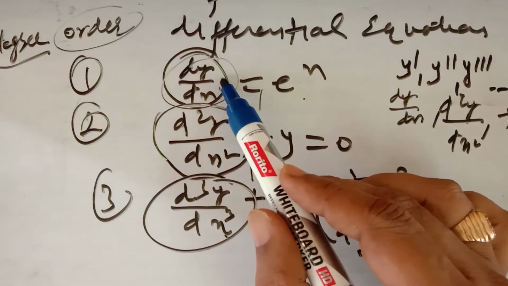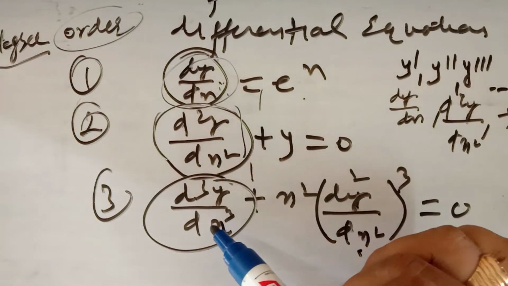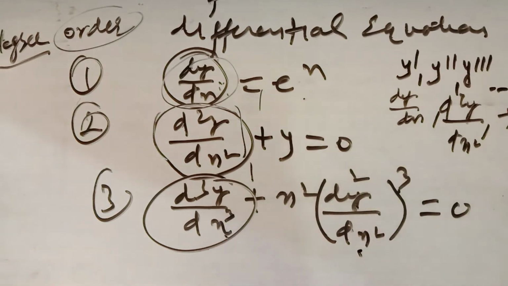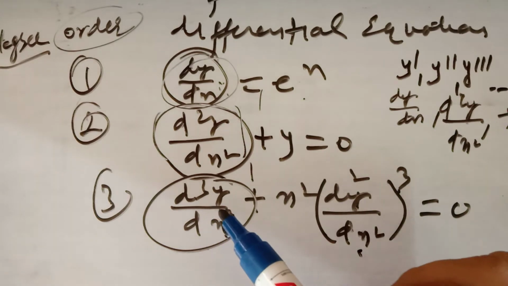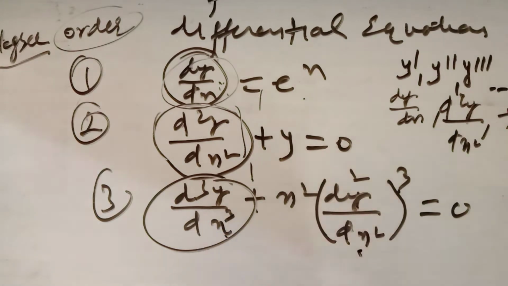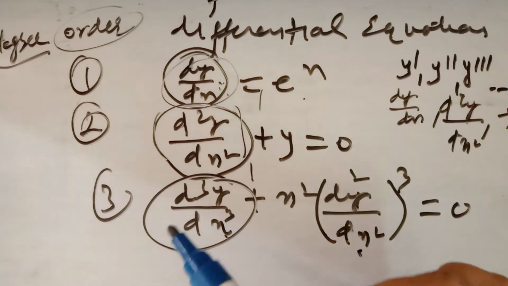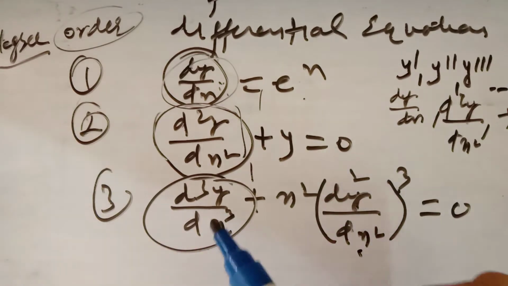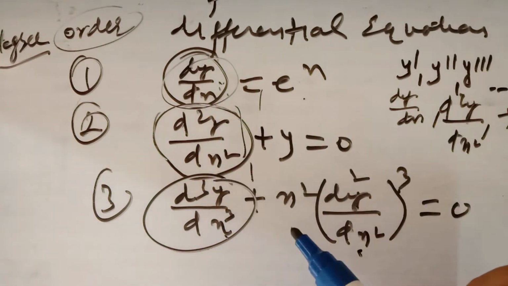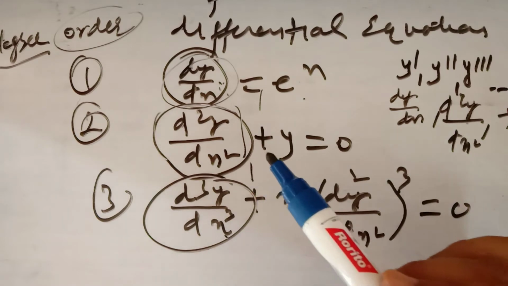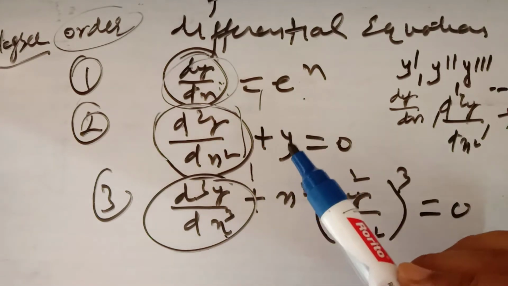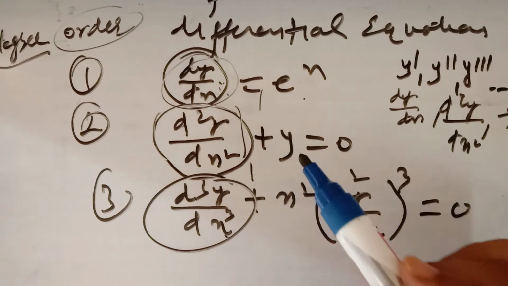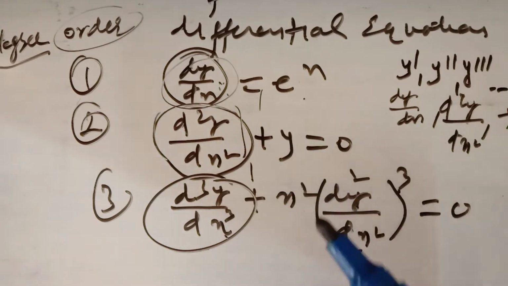Order is the highest derivative in the differential equation and the degree is the power of the highest derivative in the differential equation, with the condition that the differential equation must be a polynomial equation in its derivatives. So I have told you these all three are polynomial equations in their derivatives. That is, the power of the derivative must be a whole number. It should not be a fraction or negative.